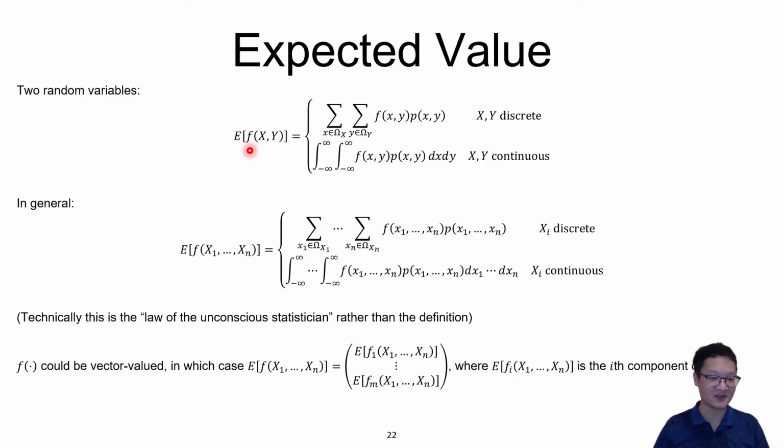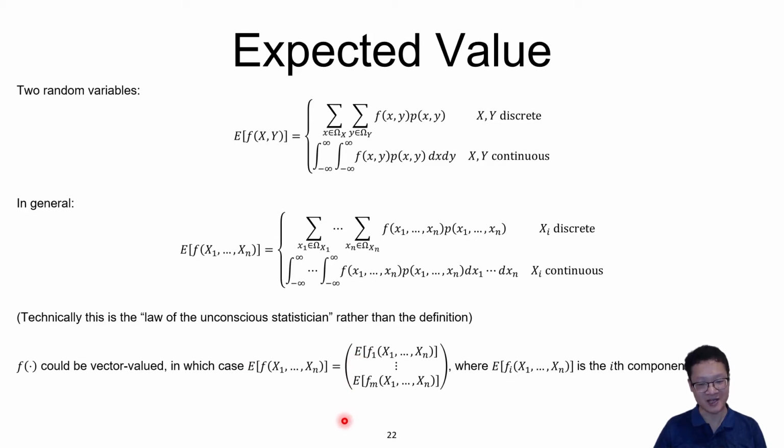So f, the function f, in the top two cases is outputting a scalar variable. But in general, f could actually be vector valued, meaning that there could be many components in the output of f. In this case, we just take the expectation component-wise. So basically, the first component of the expectation would just be expectation of the first component, and so on.